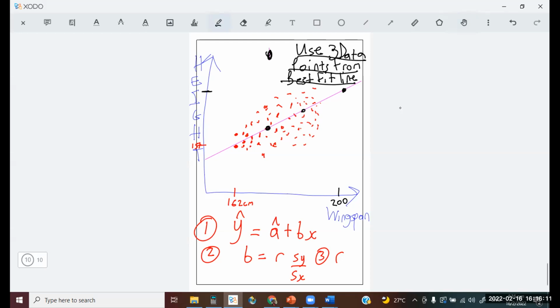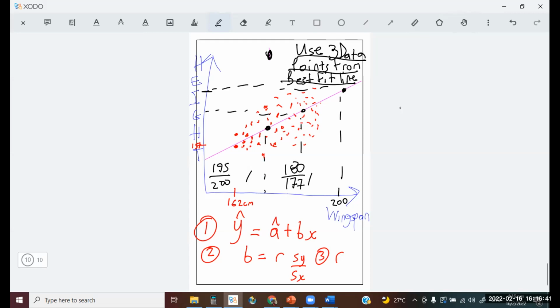Because what you're trying to prove is that it's not going to be one-to-one. So using your best fit line, when you work that out, you probably get the ratio is, maybe the first here is 195 over 200. Maybe the next one is 180 over 177. Maybe another point.